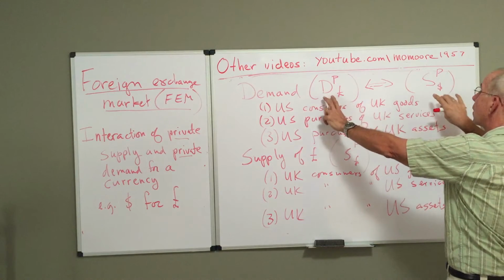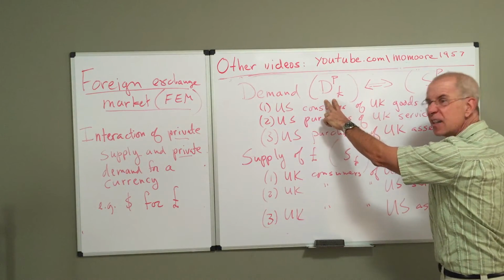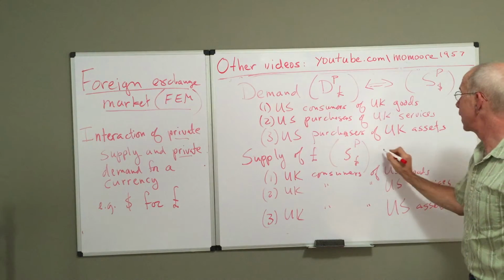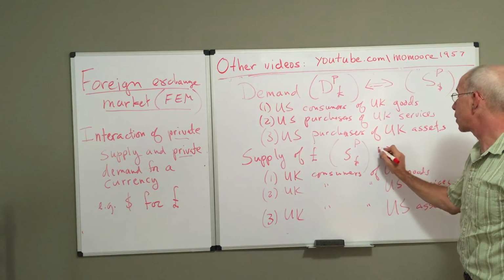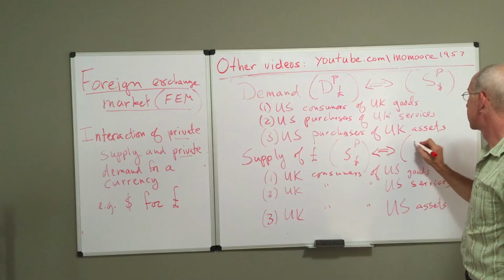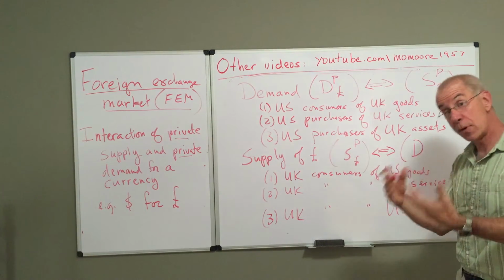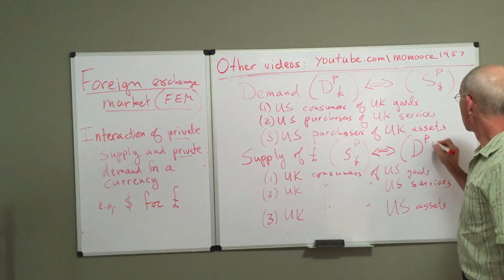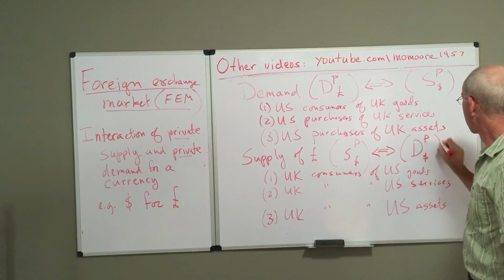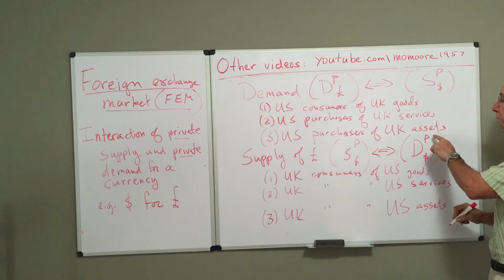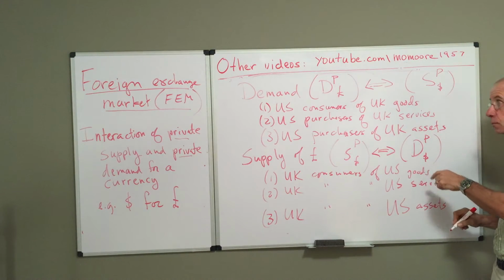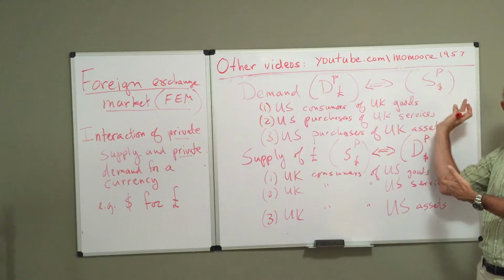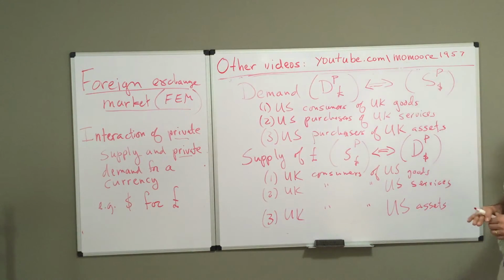So these are different ways of looking at the same phenomenon. The same way that the private supply of pounds by British citizens who want to get dollars reflects the private demand for dollars. So it's important to keep in mind that these are flip sides of the same thing.